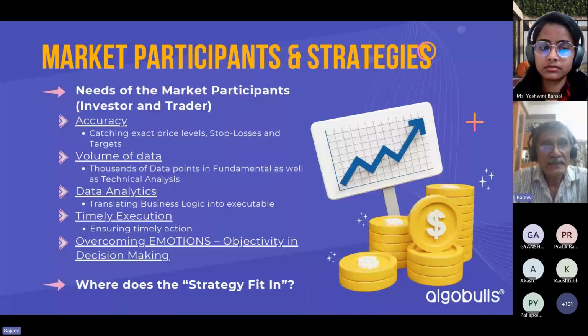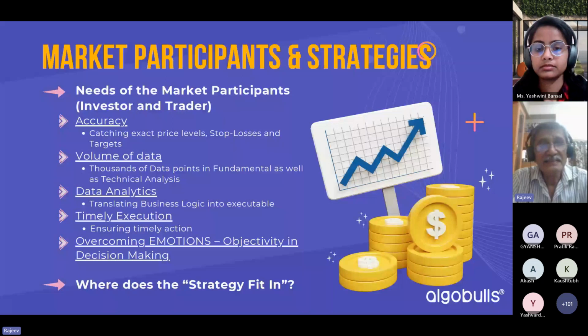But ultimately, the end result should be some action points that result out of this analytical action. So this business logic gets translated using this data into an executable. So that's another requirement that market participants have.